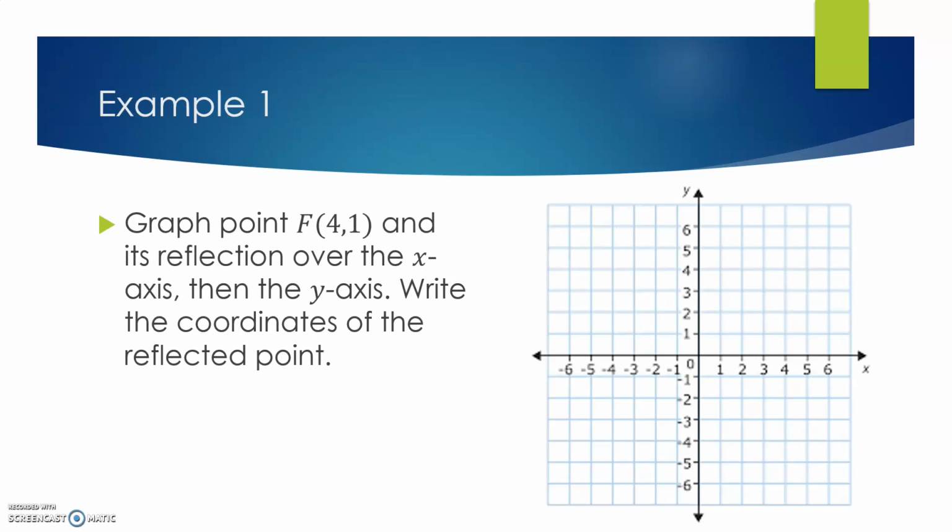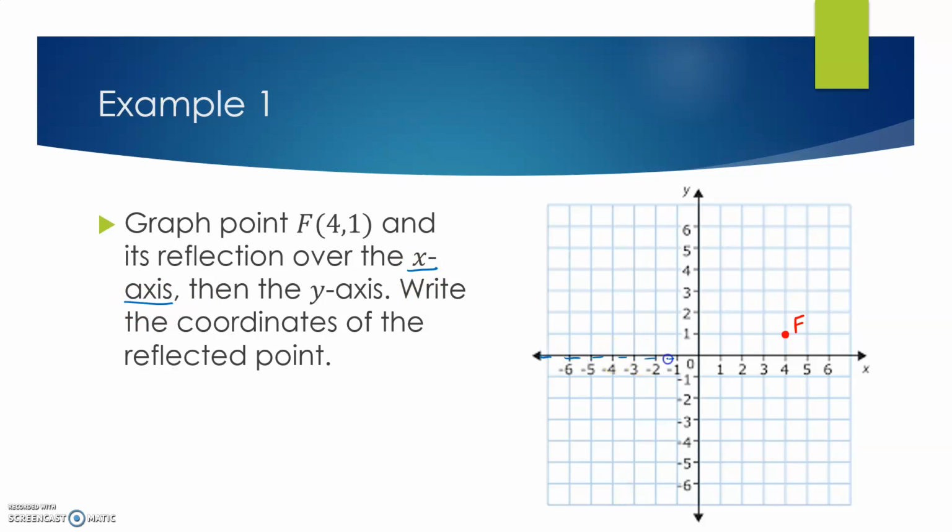Graph point F (4, 1). Okay, so let's start with that. So I'm going to go over 4, up 1, and I'm going to label that F. And then it says to graph its reflection over the x-axis. So if I look at the x-axis, that's my line of reflection.